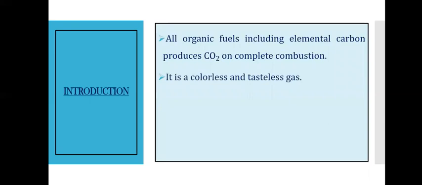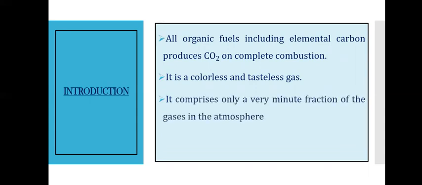Next, as far as the property is concerned, it is a colorless and tasteless gas. We are talking about carbon dioxide at the moment, my dear friends. It comprises only a very minute fraction of the gases in the atmosphere. As you all know, there are two major gases which are a part of the atmosphere. First is nitrogen, which comprises around 78%, and oxygen, which is around 21%.